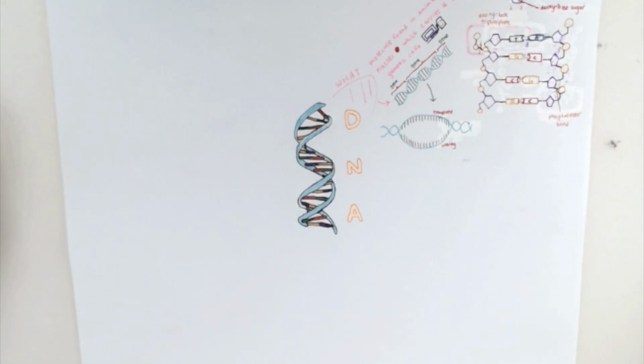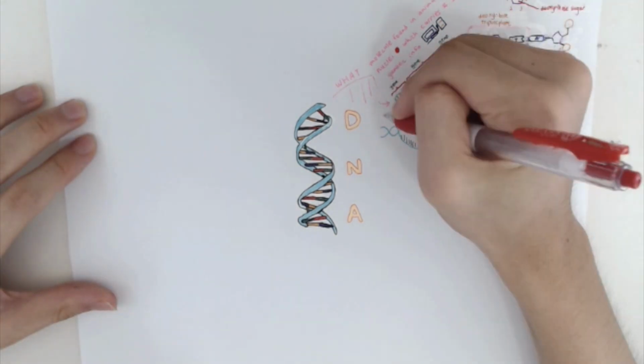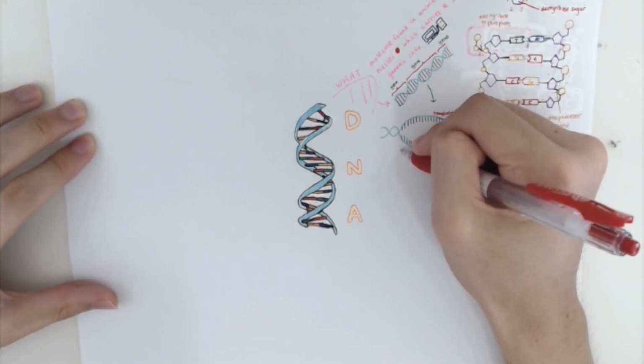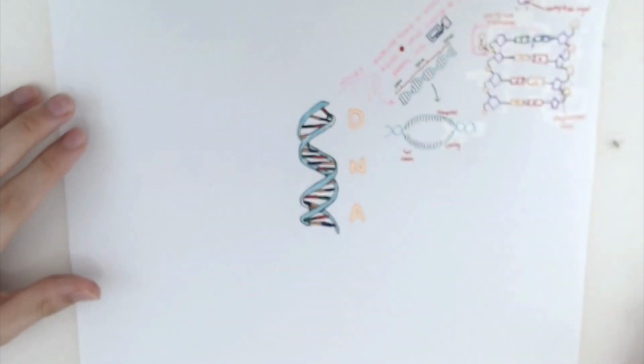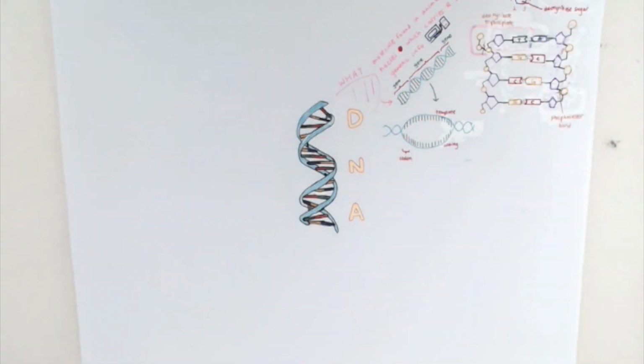The template strand determines the protein synthesized, as its nucleotide base sequence determines the amino acid order which makes up the polypeptide. A sequence of 3 bases is called a codon, and it corresponds to a specific amino acid. This process of gene expression will be explained later on when I discuss transcription and translation.